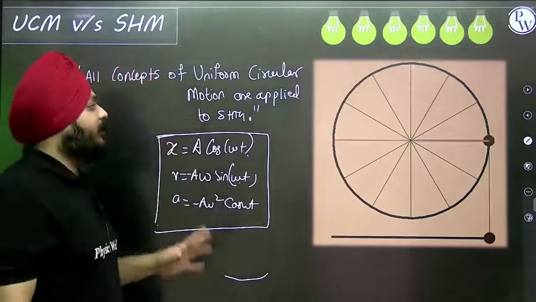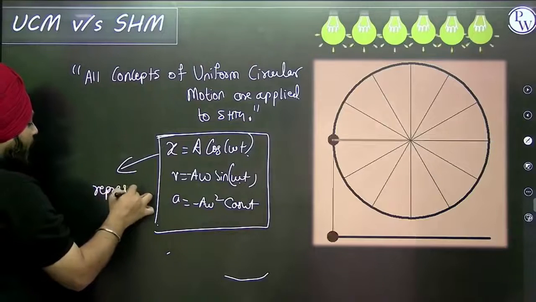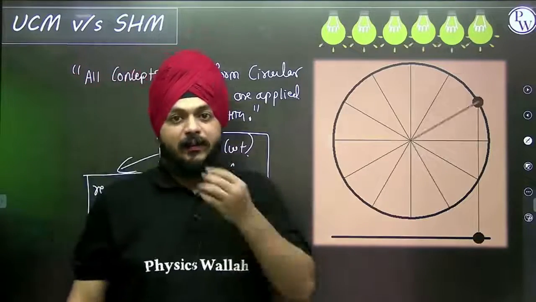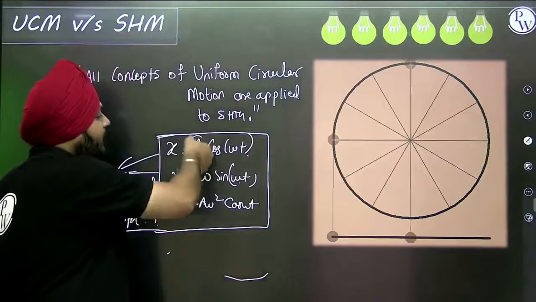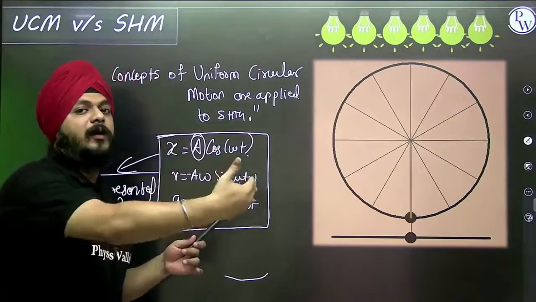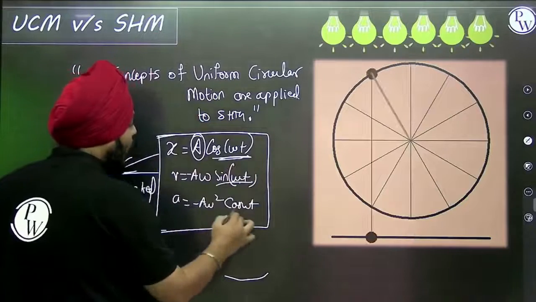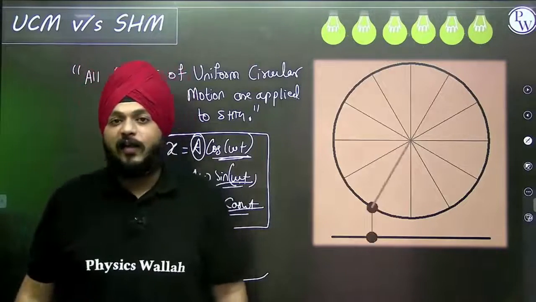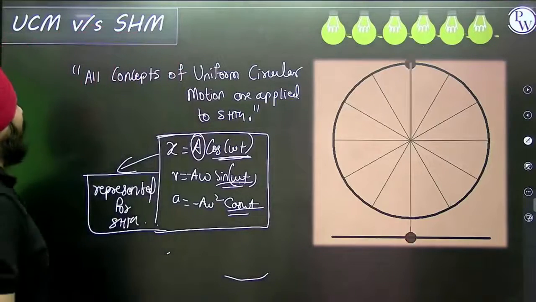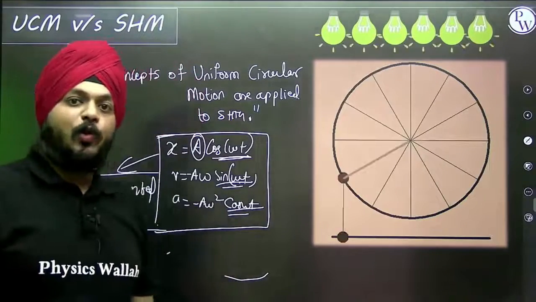The presence of sine and cos, with values changing between -1 and 1, is not the only reason behind these equations representing SHM. If I'm talking about position, the maximum displacement is A, and the value of x, the position at any time t, varies between -A and A, crossing through 0. In all of those equations we have the trigonometric functions sine and cos, but these are not the only reason.